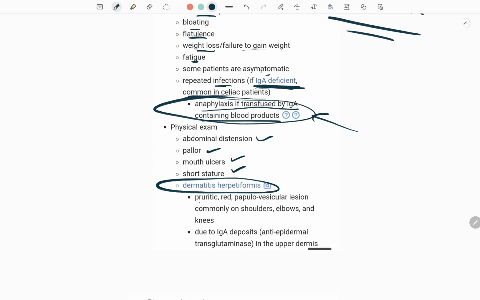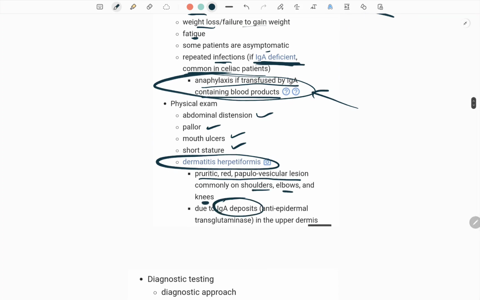It is a pruritic red papulovesicular lesion commonly on shoulders, elbows, and knees. It is due to IgA deposits, that is anti-epidermal transglutaminase, in the upper dermis. It is a very important point.